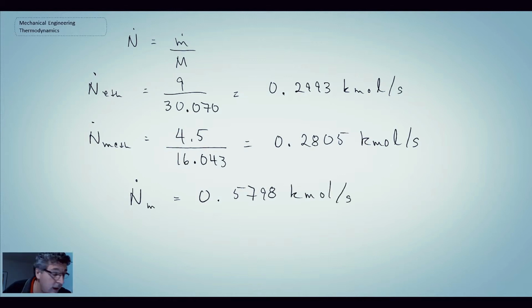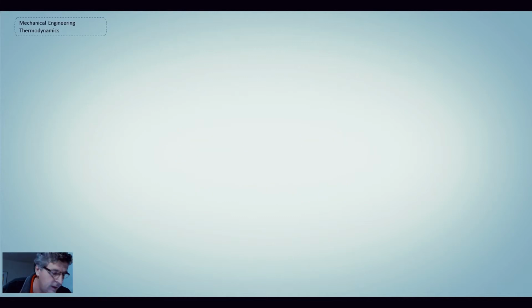So what we can do now in determining the mole fraction, we can take each of these and divide by the mixture, and that will then give us the mole fraction of each individual component.